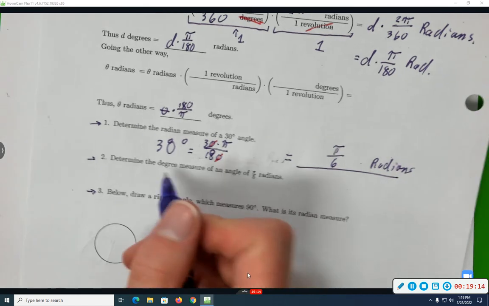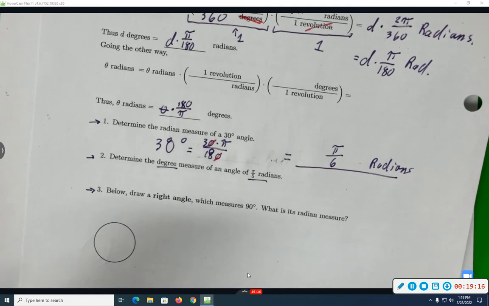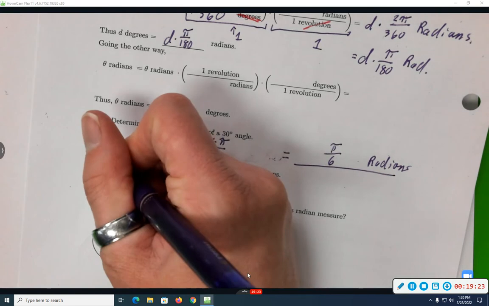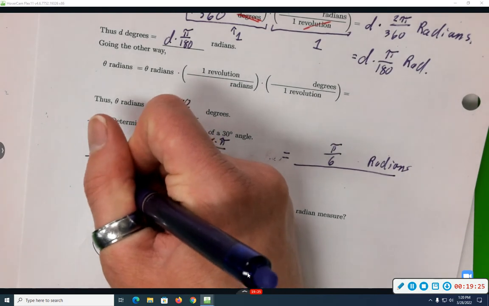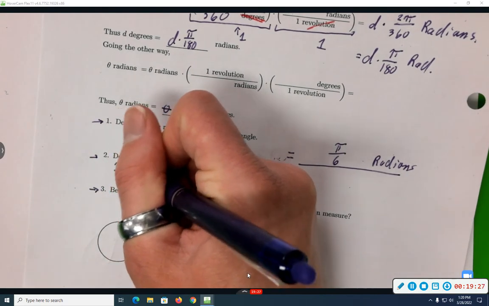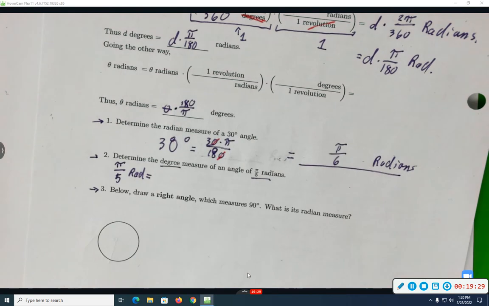Let's do more. Let's compute the degree measure of an angle of pi over 5 radians. If you have an angle of pi over 5, what do you need to do to convert that to an angle in degrees?